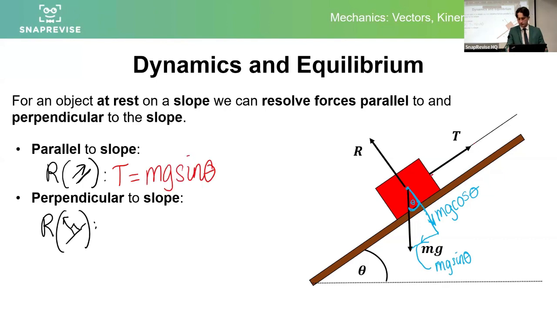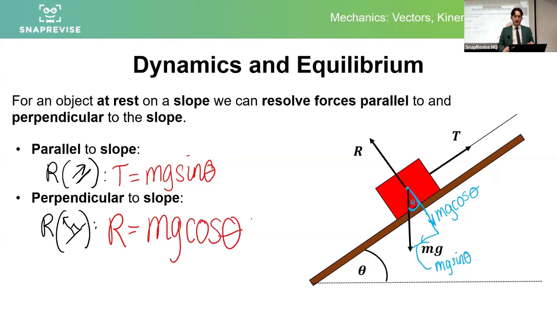The amount that this is pulling it up is supporting the amount of weight that's pulling it down. So it's not moving. And if it's perpendicular, the normal reaction is equal to how much it's forcing it into the slope.